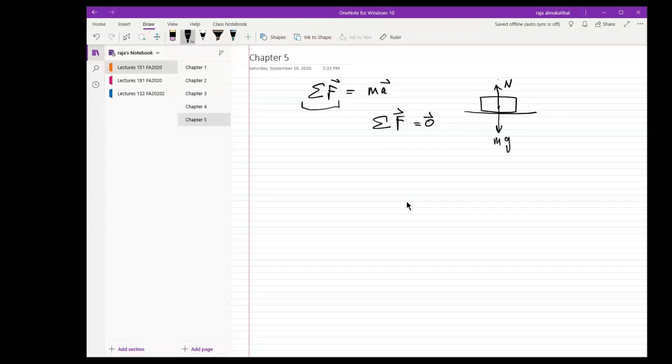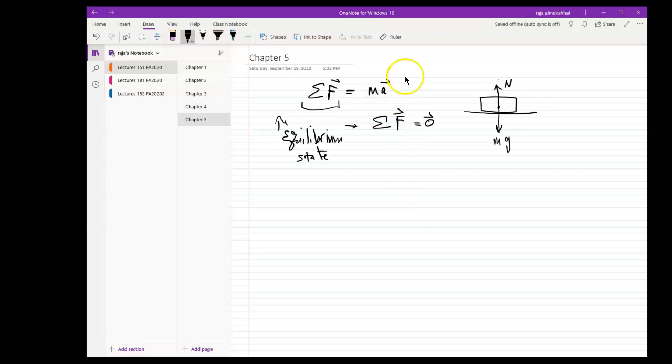This equation is a statement of what we call the equilibrium state. Equilibrium means all the forces on the object add up to 0, and because they add up to 0, there is no ma. The system is not going to move.